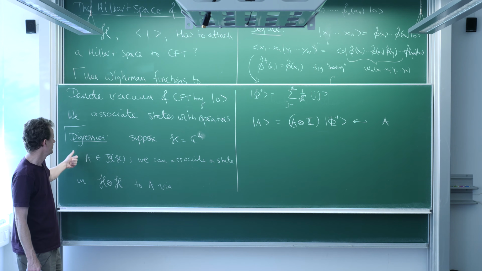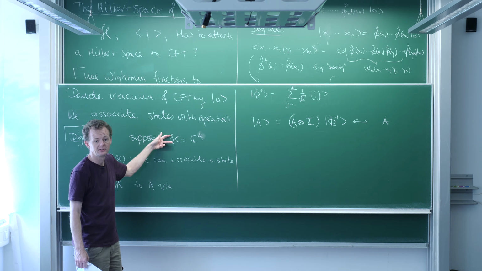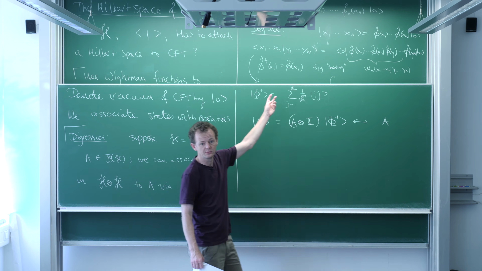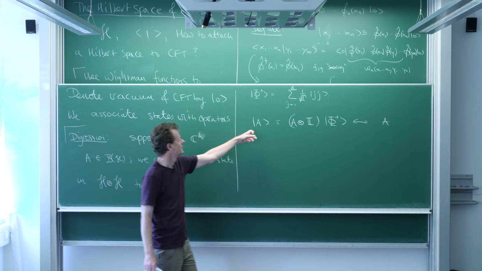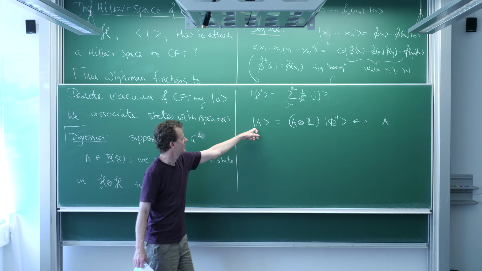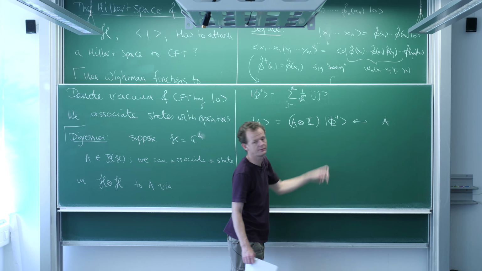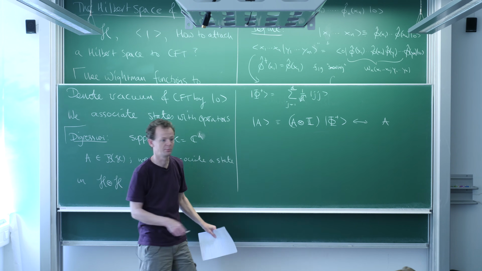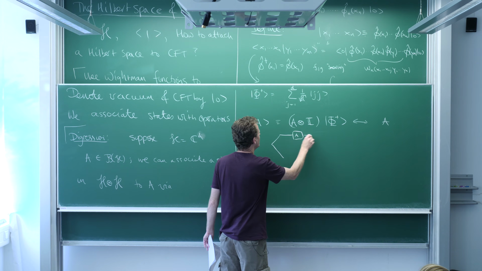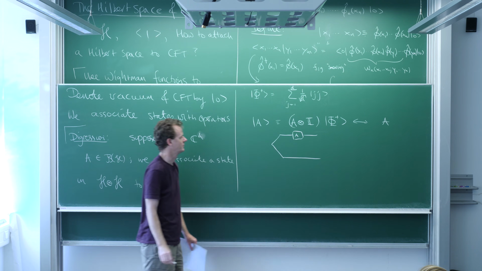You have some operator, you have some initial Hilbert space, you build a maximally entangled state of two copies of the system, and you associate to the operator A the state |A>, defined by acting on half of this maximally entangled state with the operator A. Here's a little diagram for this.